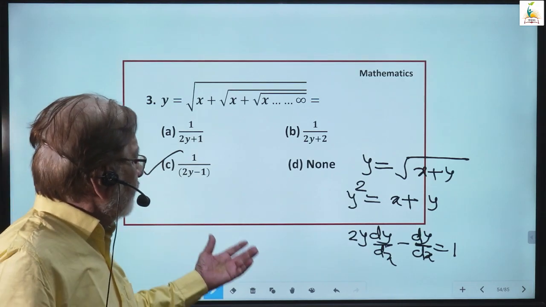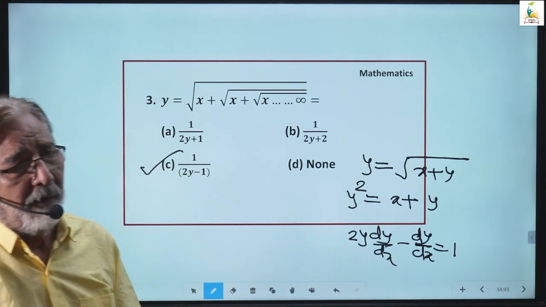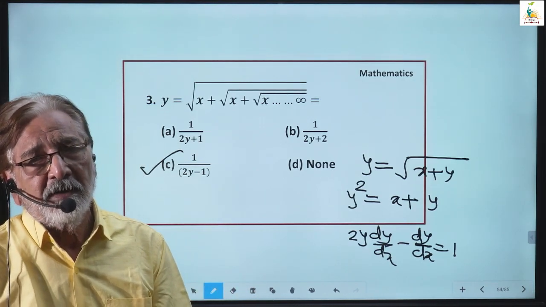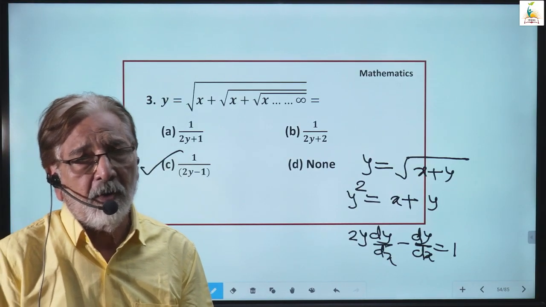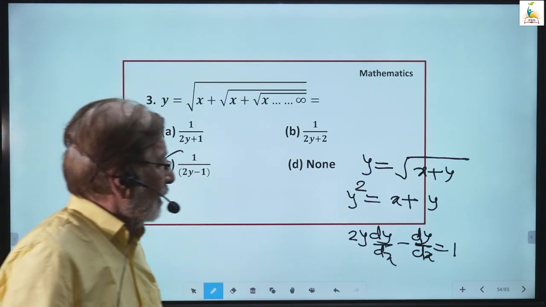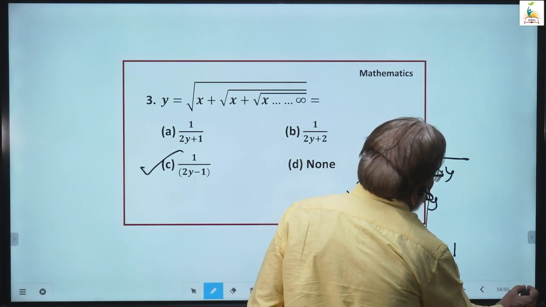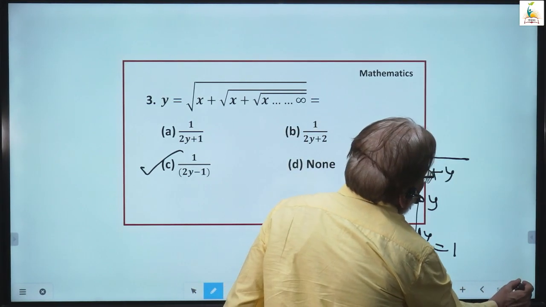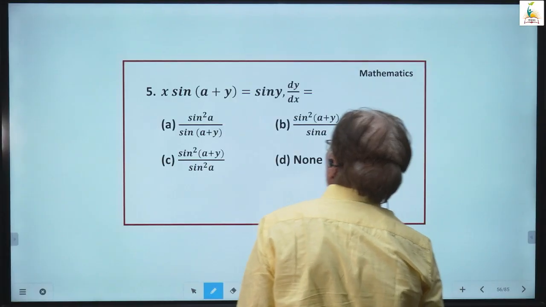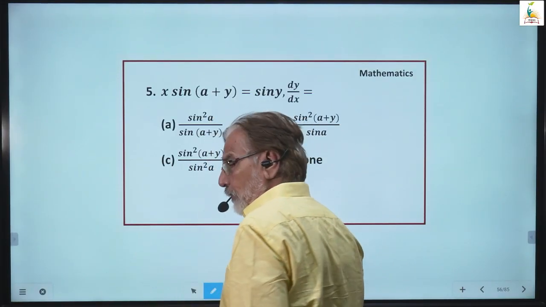So what you have to keep in mind? You have to keep in mind that some sort of simplification is there, or there is use of any standard result.